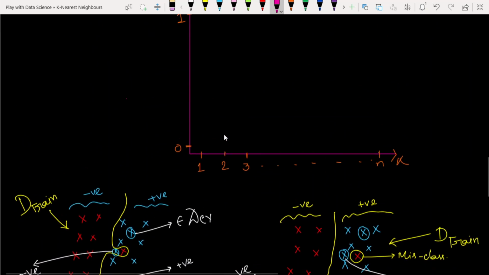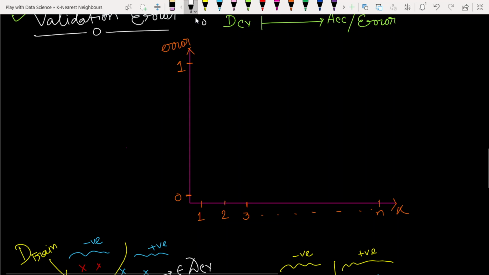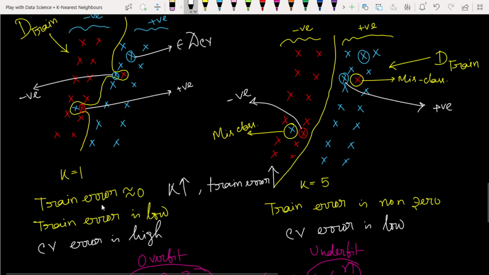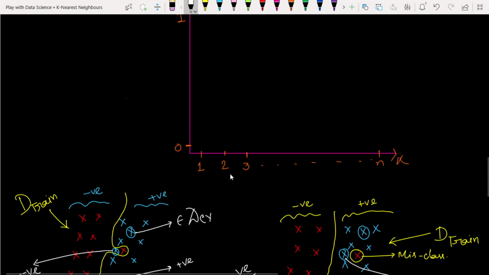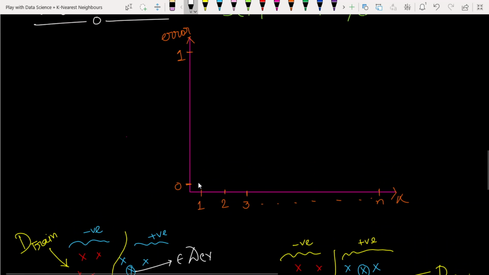So let's draw the same thing here. First we draw the training error. If we increase the value of k, the training error increases from 0.